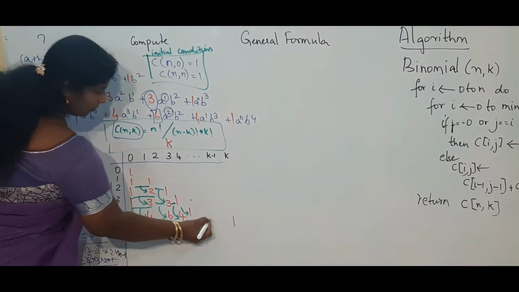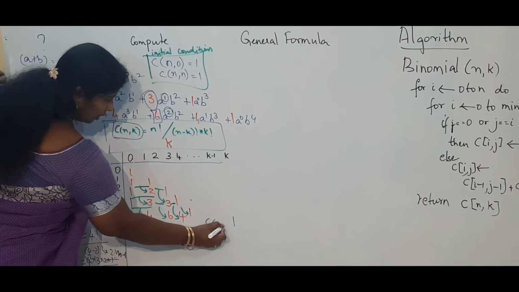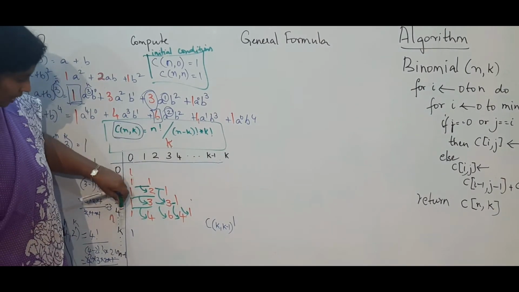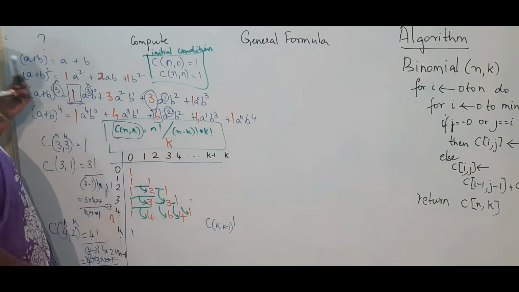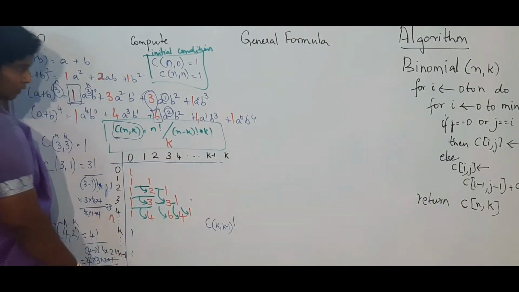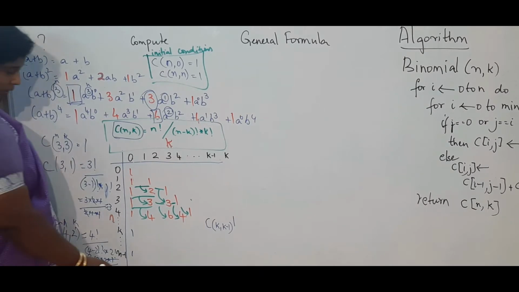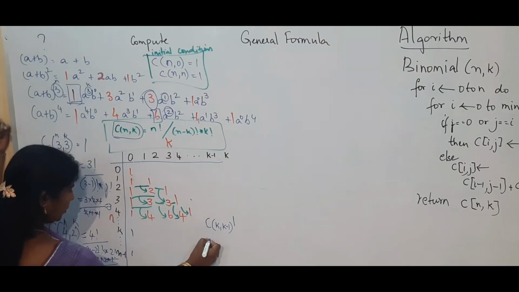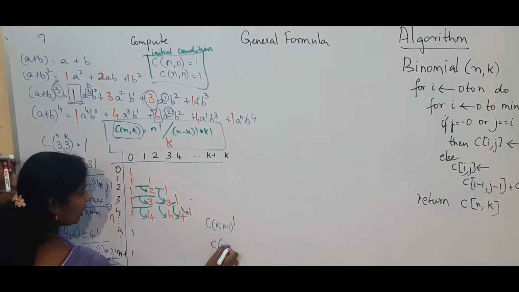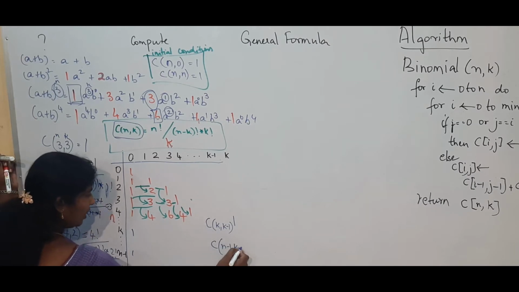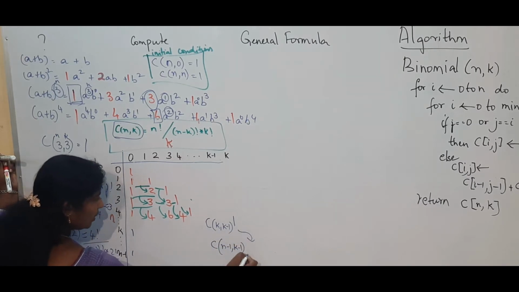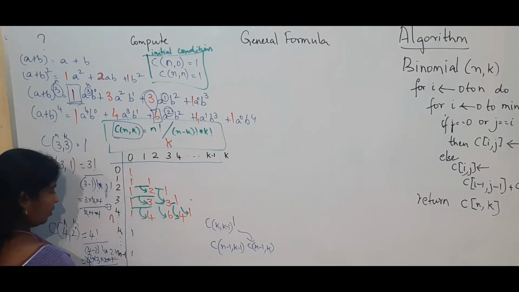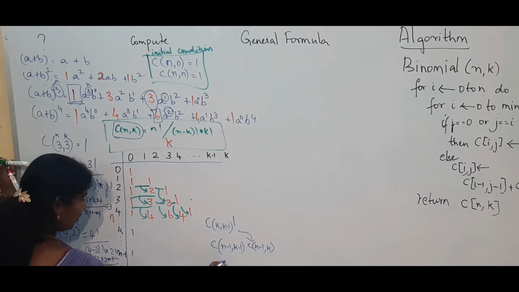So it is going to be C of n minus 1 comma k minus 1, plus C of n minus 1 comma k.